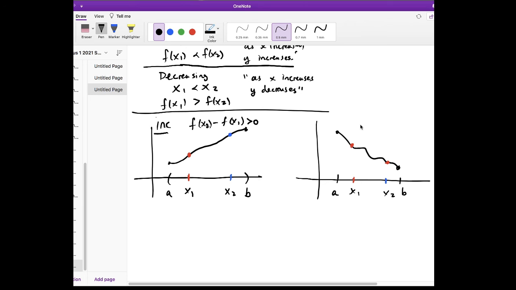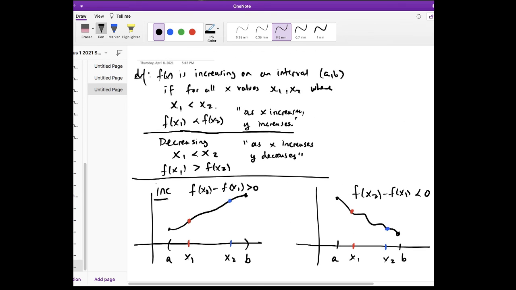If you compare their y values, f of x2 is going to be smaller in this case. In other words, their difference will be negative if you always choose x2 first. Okay, so just questions on that kind of basic statement? Definition of increasing and decreasing?